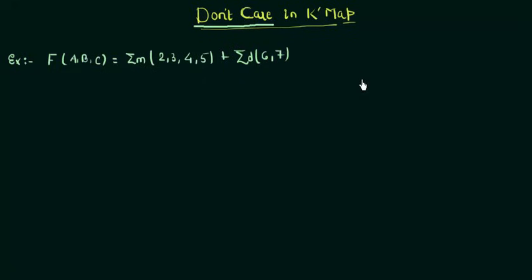But let's move to this example, and before that, let me explain a little bit about the don't care. A don't care is a state which does not matter in a certain operation. For example, if you are giving a signal to an aircraft for its launch or for its landing, and only your hands are required. For example, this is you, this is your hands, and this is your legs.